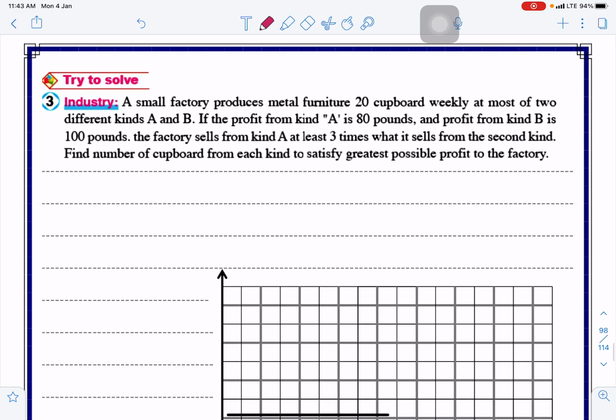Try to solve: a small factory produces metal furniture, 20 cupboards weekly at most.